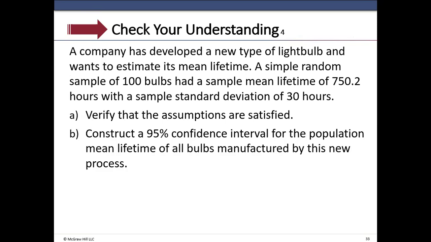Sample standard deviation is 30. Sample size is 100. C level is 0.95, and we calculate. With 95% confidence, we can state that the actual population mean will fall between 744.25 and 756.15.